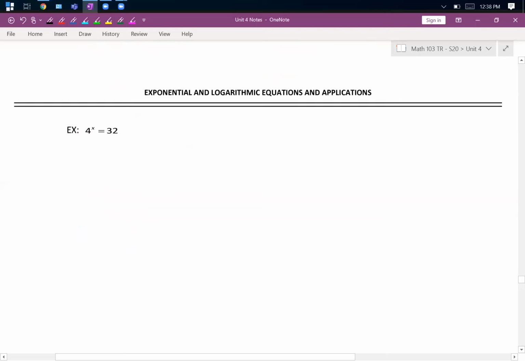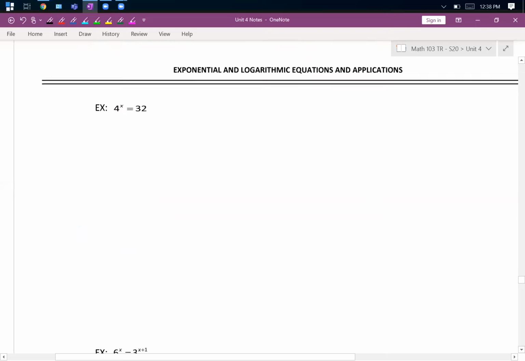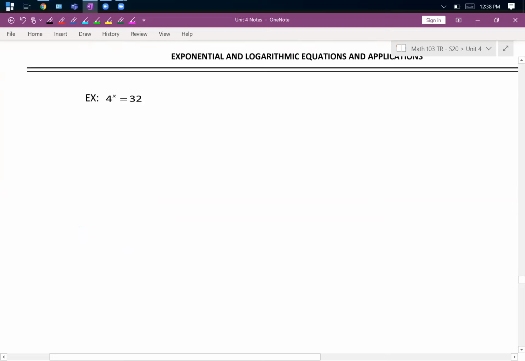All right, next up, let's solve 4 to the x equals 32. We've got just one term on either side, so I might be able to use the one-to-one property. I always start by looking at the big number and seeing if it can be rewritten in terms of the small number. So can we rewrite 32 as 4 raised to some power?